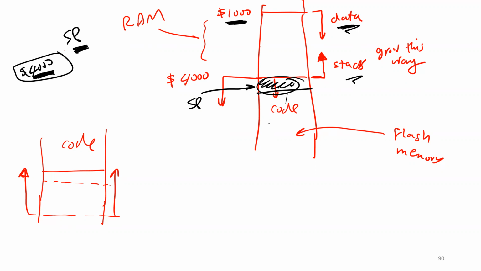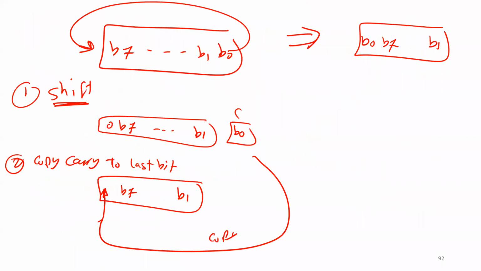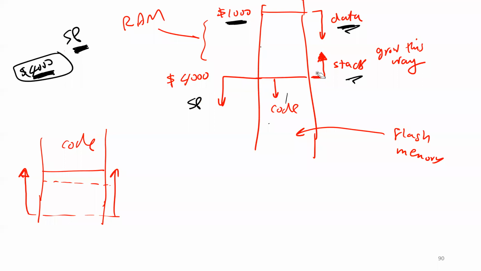Very simple. Because when I write, I'm going to decrement it by 1. So your first location in the stack is actually not 4,000. Your first location is 3FFF. Remember, I know some of you make this simple mistake.